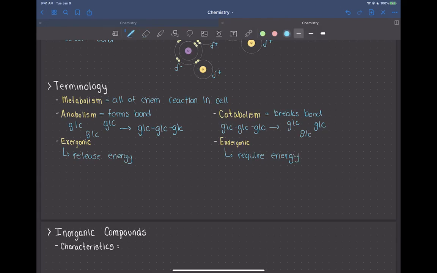Typically, breaking bonds releases energy, so exergonic is typically done through breaking a bond. Reactions that require energy a lot of times are reactions that form a bond. We'll see a lot of this in action as we go through this chapter, with some of these forming and breaking bonds.